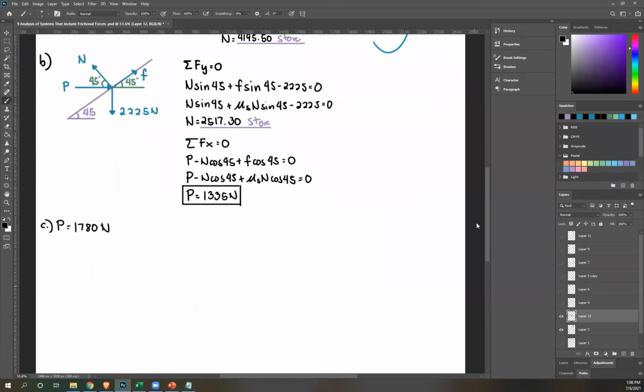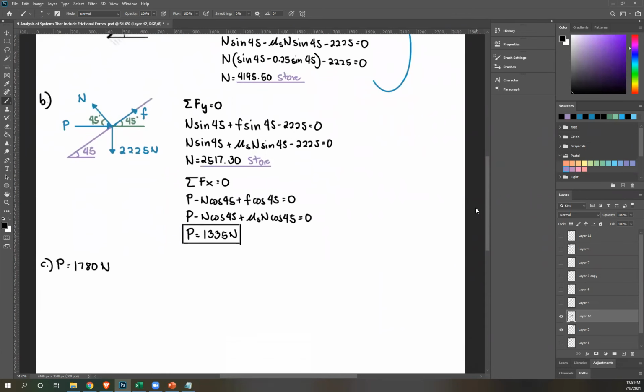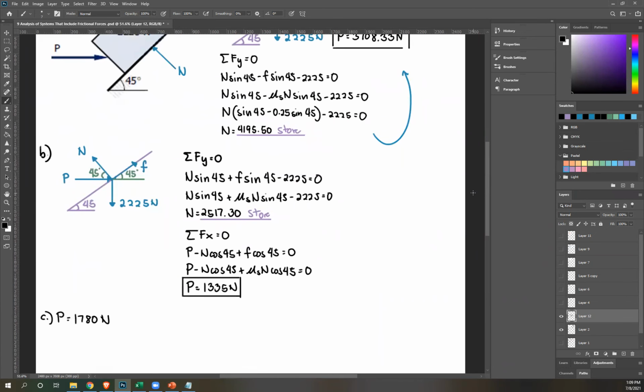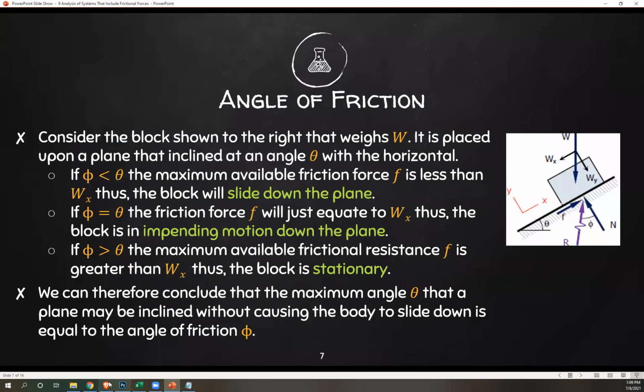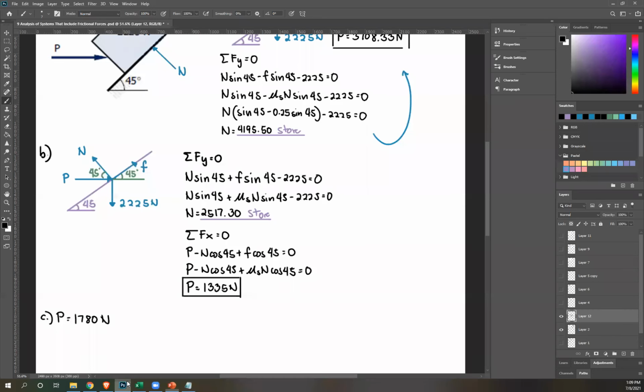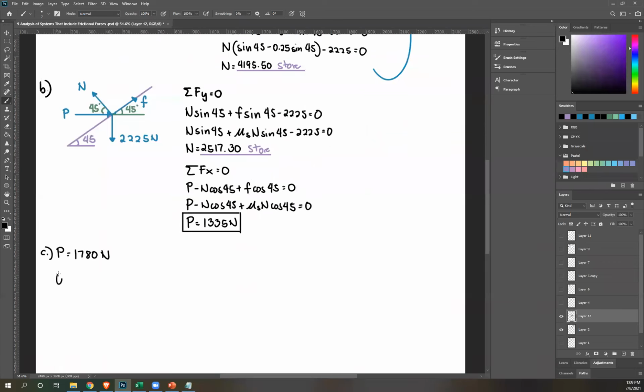Great. It's continuing. Again, the goal is to get direction and magnitude of F. To get direction, we'll use this concept, angle of friction. Okay, so let's solve for phi. Phi is arctangent mu. And we know mu is 0.25.